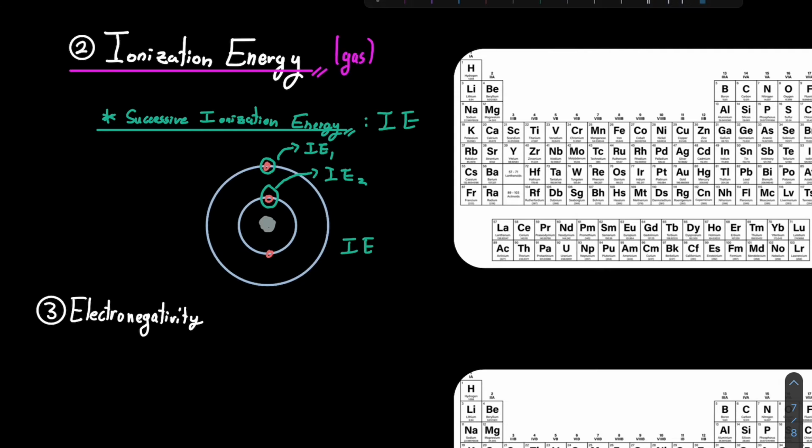Now, the thing with ionization energy is that if an electron is the last electron in that electron shell or orbit, it has the greatest ionization energy.